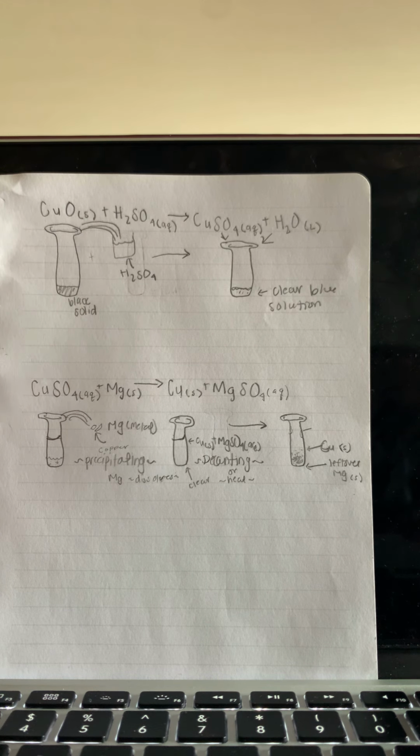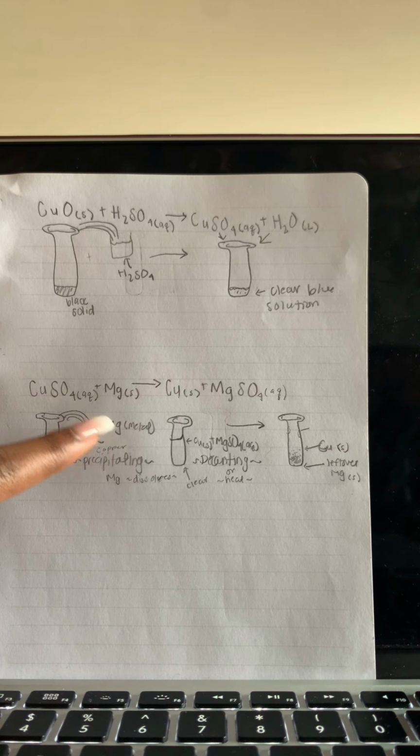Then we're going to take our clear blue solution, the dissolved blue solution of copper 2 sulfate, and we add some magnesium metal into the copper 2 sulfate.